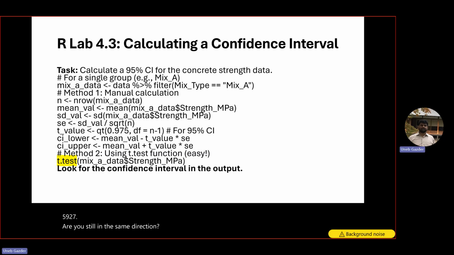Complete strength, the second one. You can open it in the file.